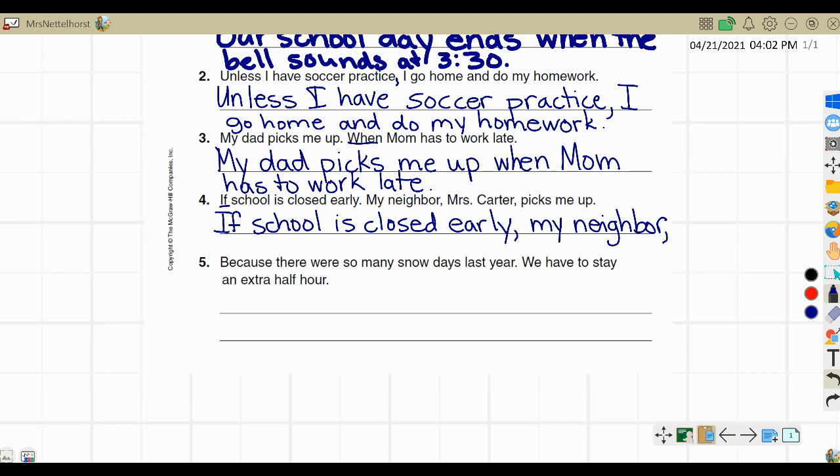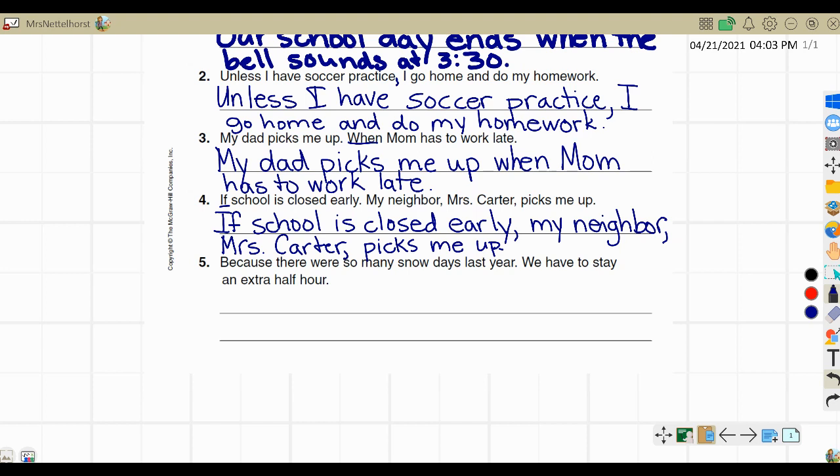That's called an appositive. You're saying who your neighbor is. So my neighbor, comma, Mrs., capital M, period after Mrs., capital C, Carter. Sorry, dragged my finger again. Comma. So you need a comma after neighbor and after Carter. Picks me up. Period.